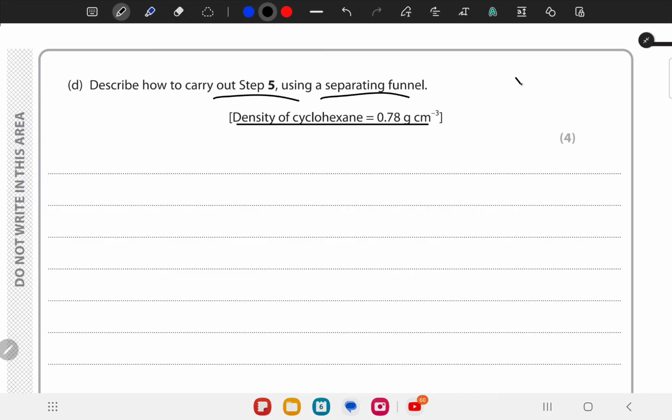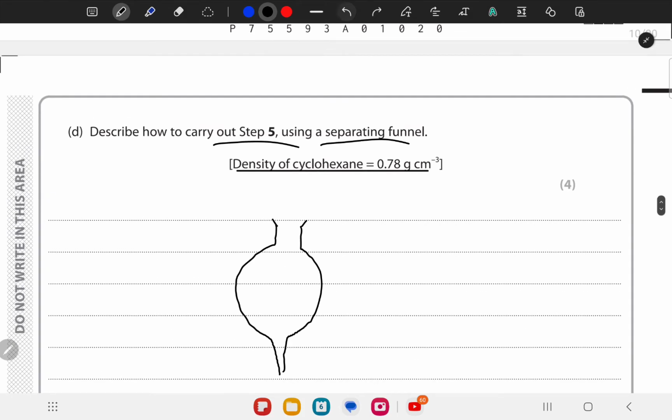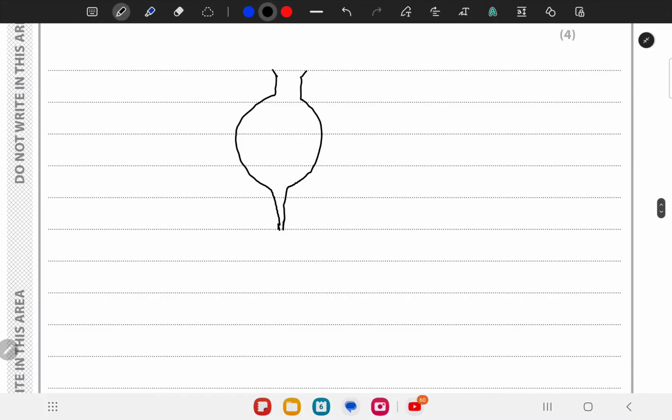So we put the filtrate in a separating funnel, which looks something like this. You have a tap at the end that you can control.